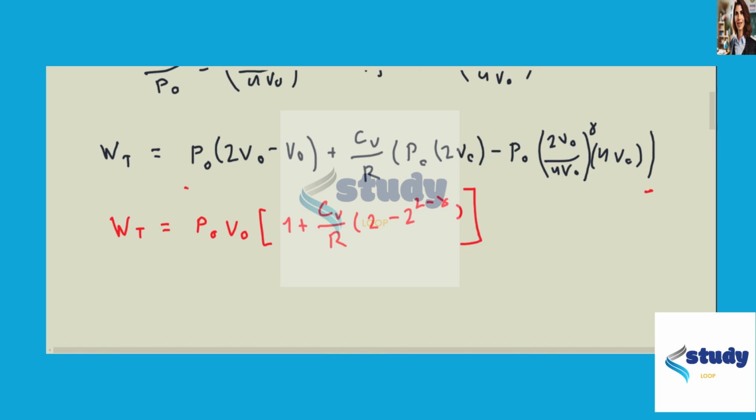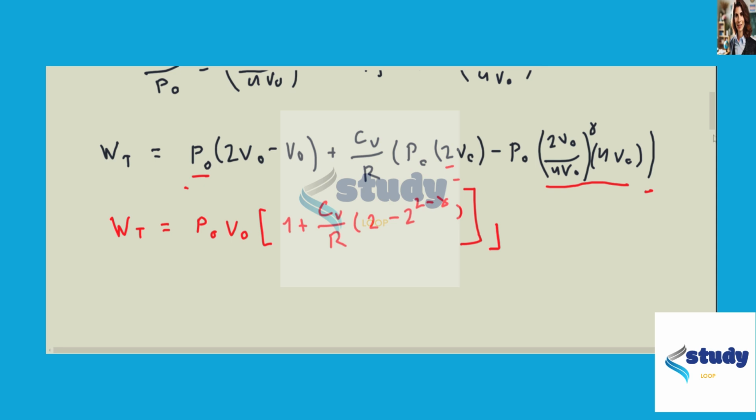This 2 minus gamma is obtained when we arrange this part here, and the 2 is from these two right here. The P0 goes in front, and here we have only one V0, which also goes out in the front, and then we obtain this whole expression. So this is for part B of the problem.